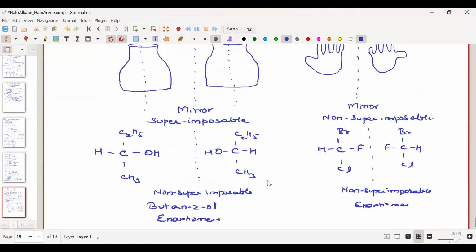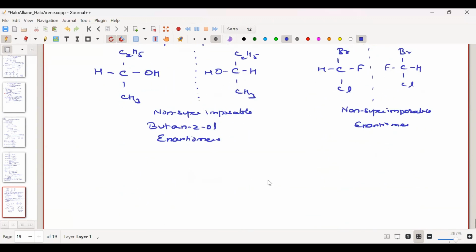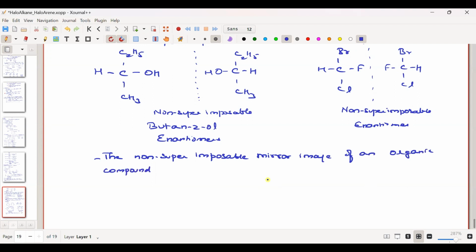Okay. So what is the actual definition? The definition of enantiomer is the non-superimposable mirror image of an organic compound, which is generally optically active.